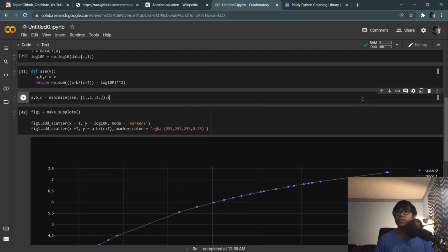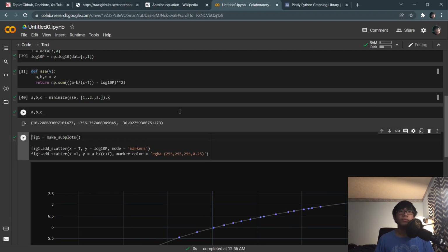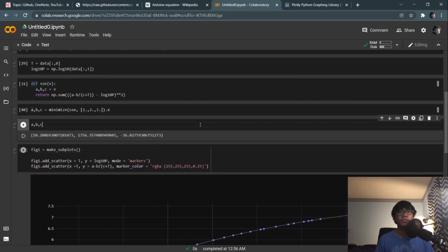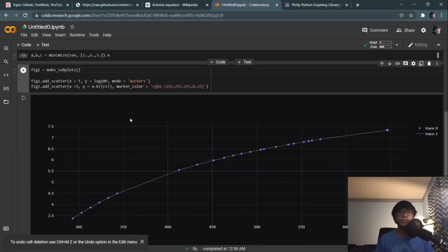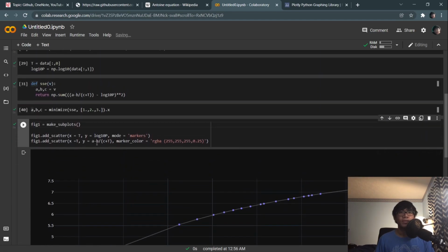I think I deleted it. Let's go A, B, C, view them again. Perfect, 1756. Pretty close, 1771. All right, cool. So now we have our A, B, and C values again. We're going to do the exact same thing.